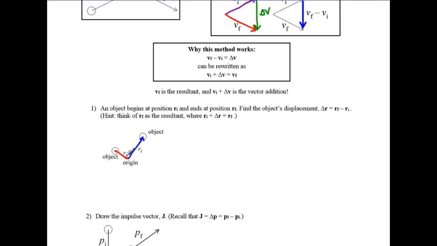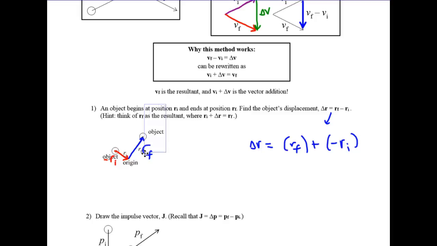To make r initial negative, I just put the arrow tip at the other end. Okay? And now, I'm going to do delta r equals r final plus negative r initial. So my red line here is negative r initial. My blue line is r final.